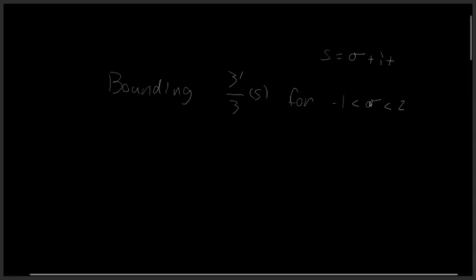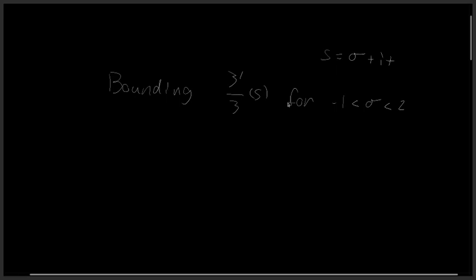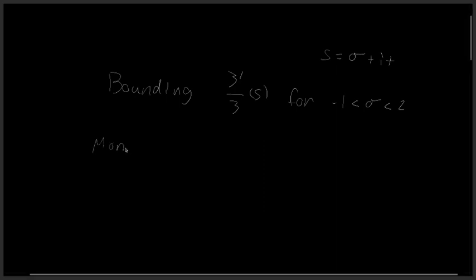And this is difficult because the Riemann zeta function is mysterious in the critical strip. And as a reference for all of the explicit formula, but particularly for this part, I'm going to give Montgomery Vaughan.